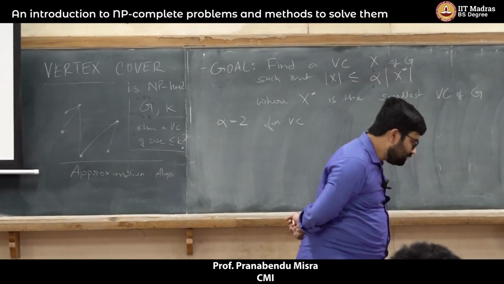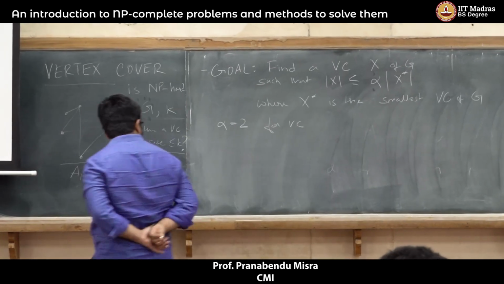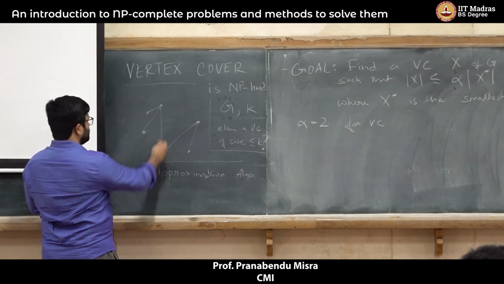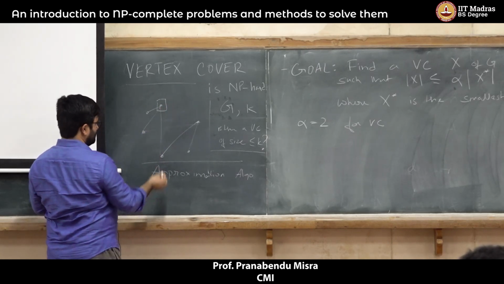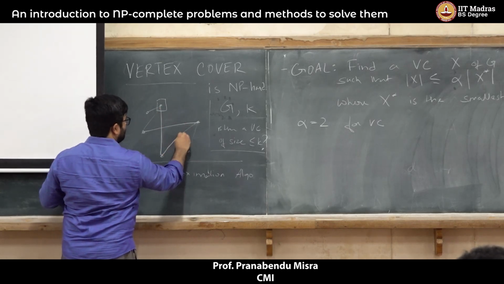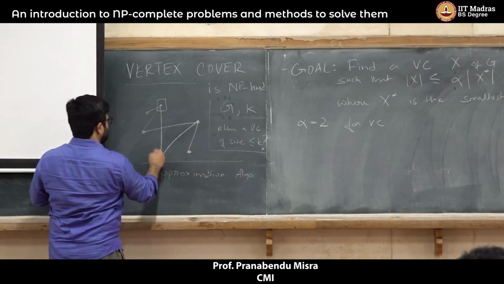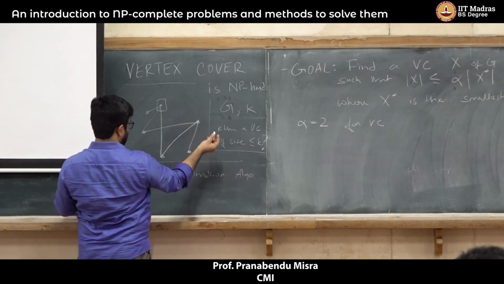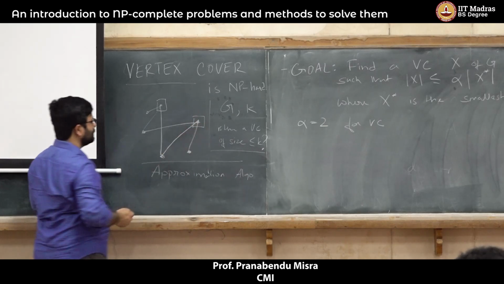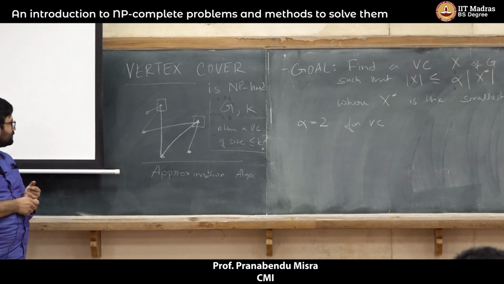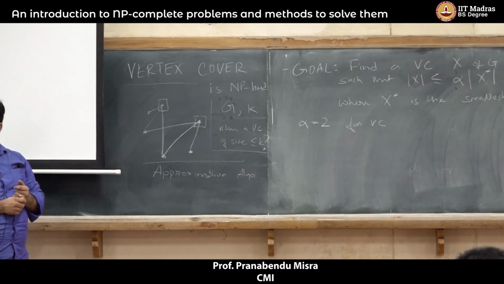No. You want to find a set of vertices. Let's say I take this vertex. Hopefully you can see the graph I've drawn here. So if I take this vertex and this vertex, is that a vertex cover of the graph? Is there some edge which is not covered yet? Every edge is covered.